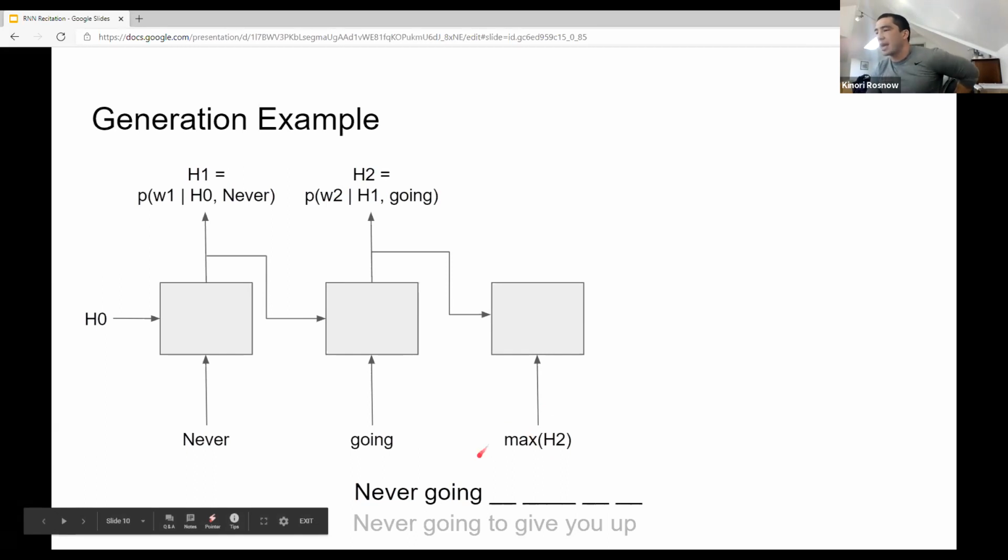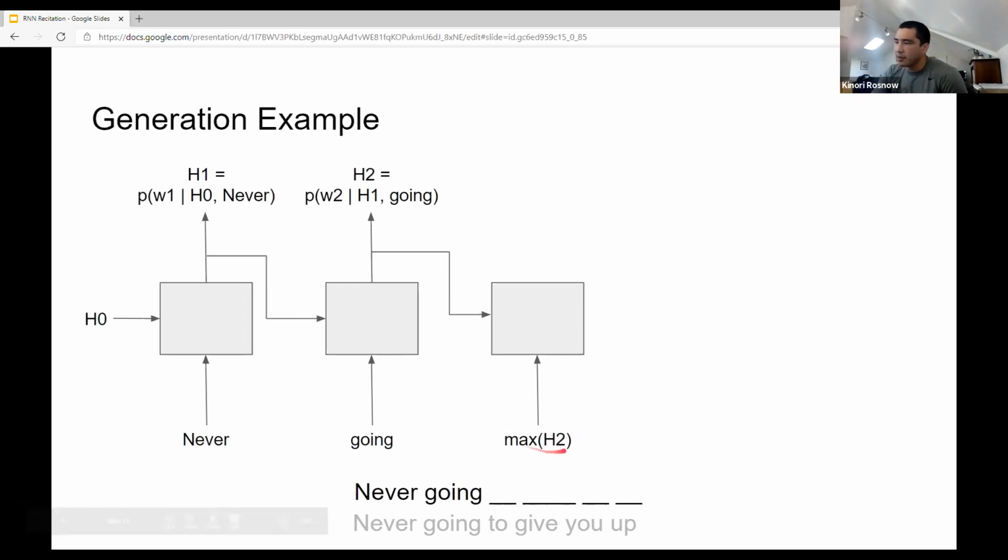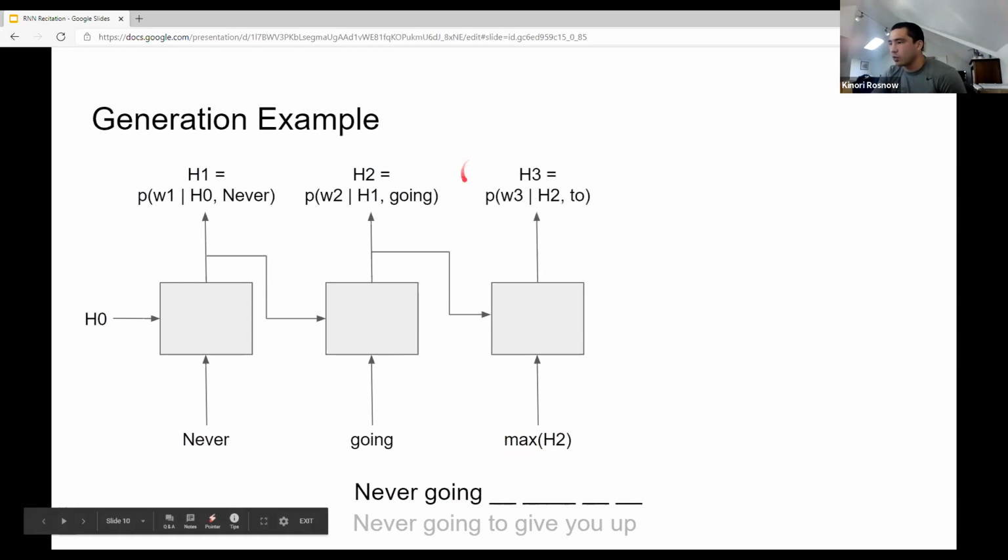I believe in Torch, max produces both the value and the argmax, so it would be the max item 1, not the 0th item, but leave that aside for now. The maximum probability item in H2, the hidden state, should hopefully be the word "to", and you would hope that would give it enough information to then get out the next word.